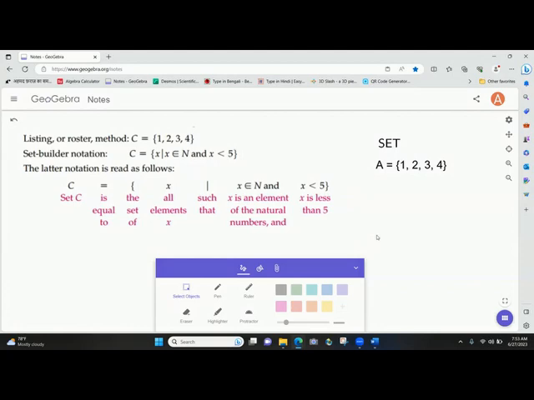Once again, this is called set builder notation. It says set C is the set of all elements x such that x is a natural number, and x is less than 5.